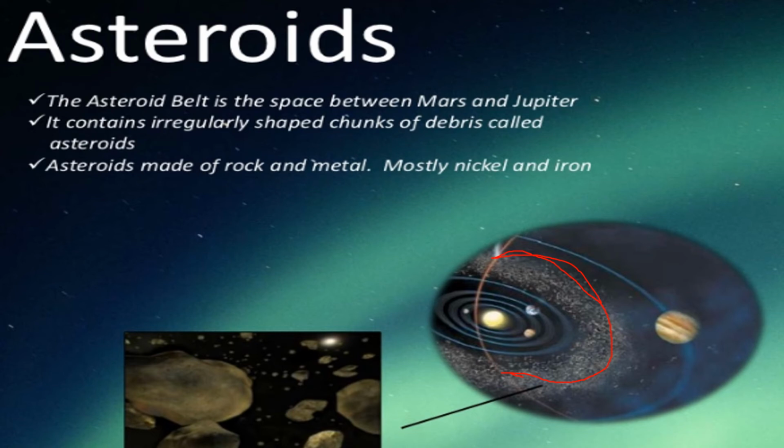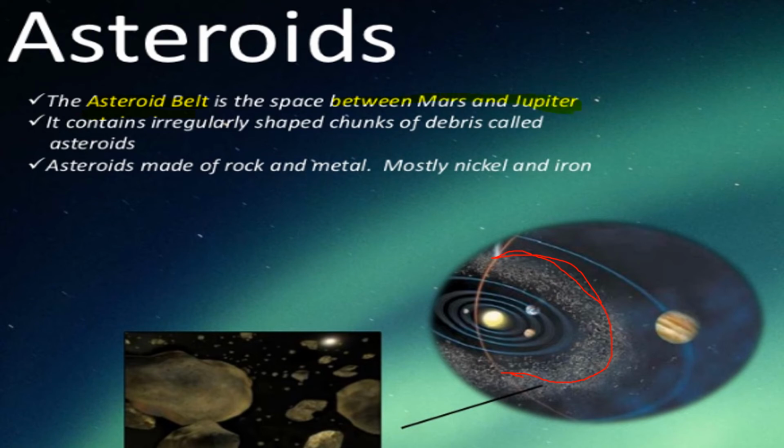So, what is my focus point right now? I use my highlighter to show you that one. The asteroid belt is here, and it's moving in between Mars and Jupiter.